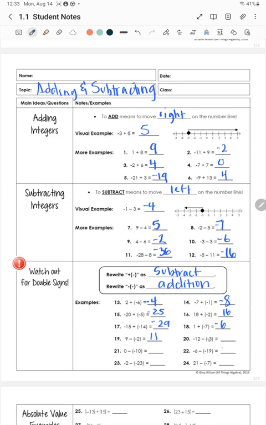So negative 12 plus 3 would be negative 9. This is a tricky one because you would add as addition.